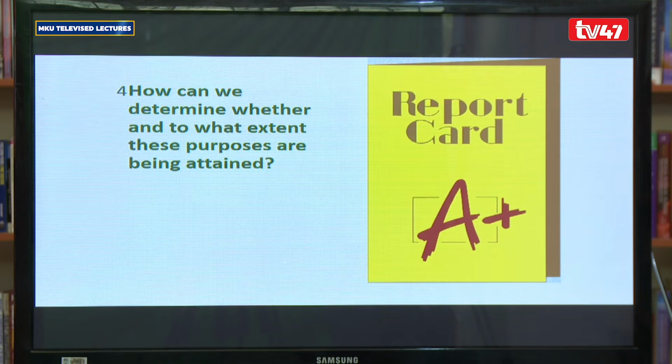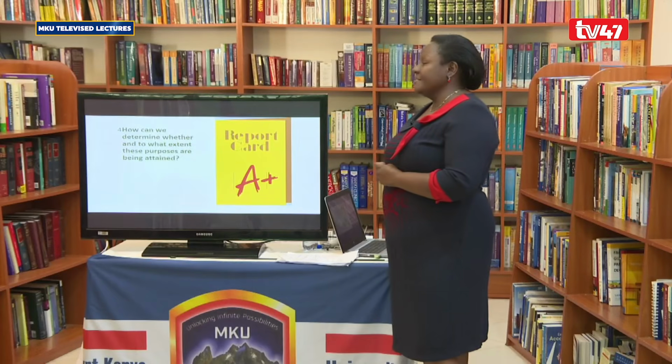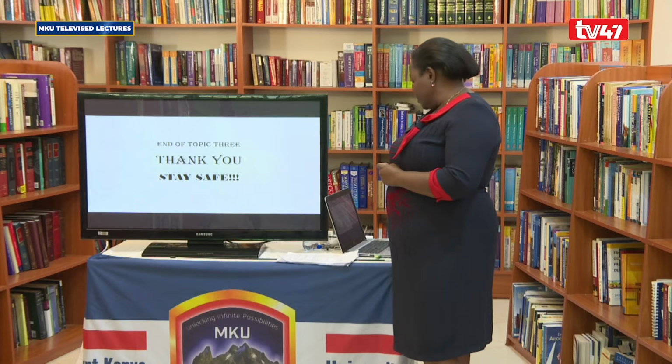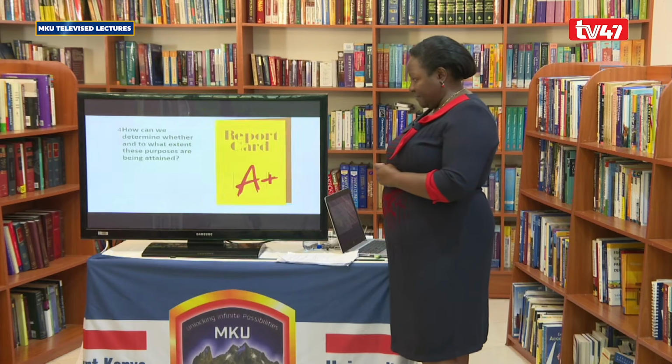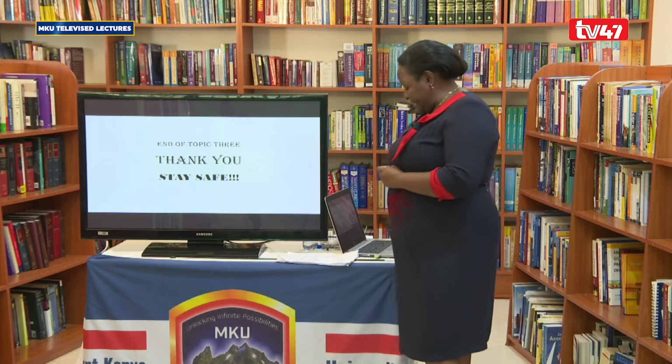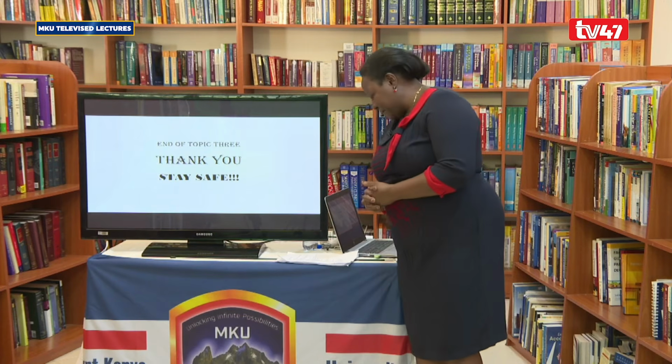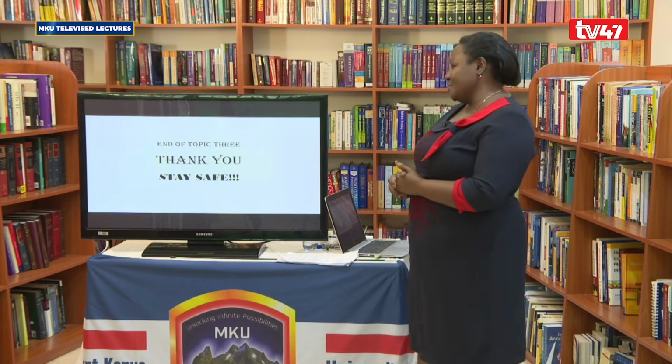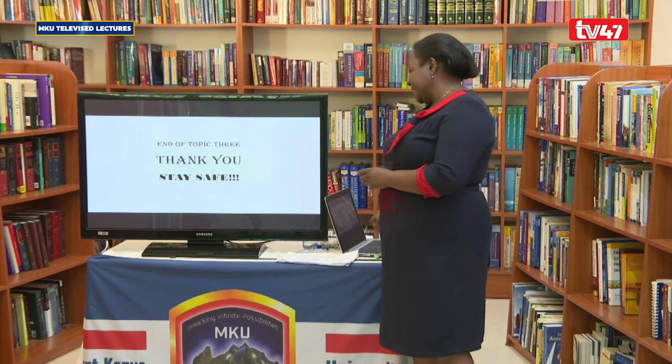And that is where now we have the report cards, so that we can be able to tell what it is that we have achieved and what it is that we are yet to achieve. Now that is how we determine the achievement of the curriculum. And that brings us to the end of topic 3.